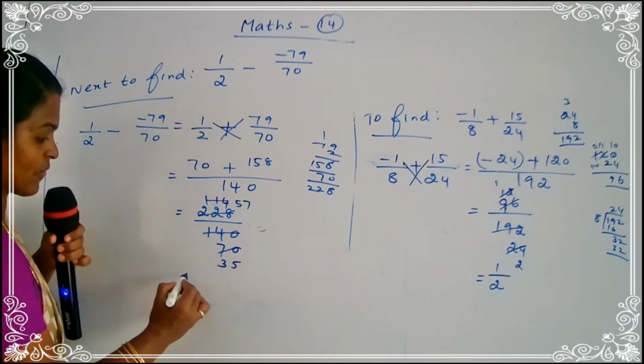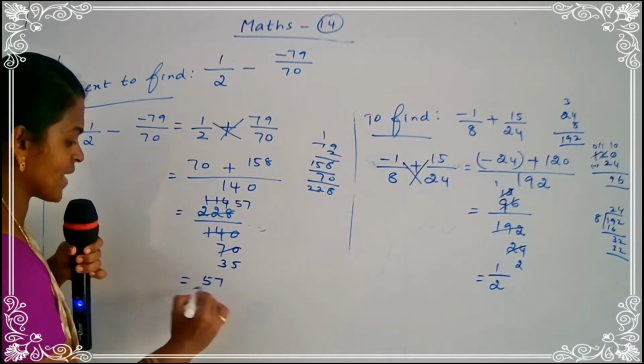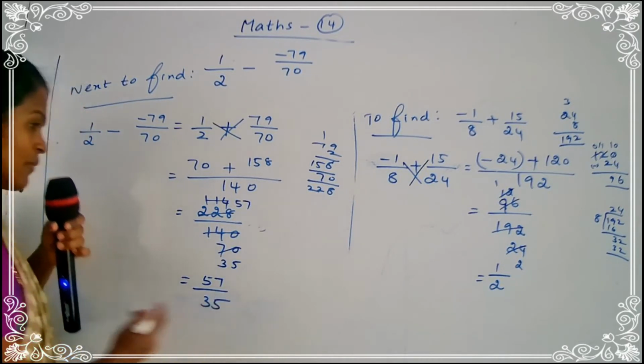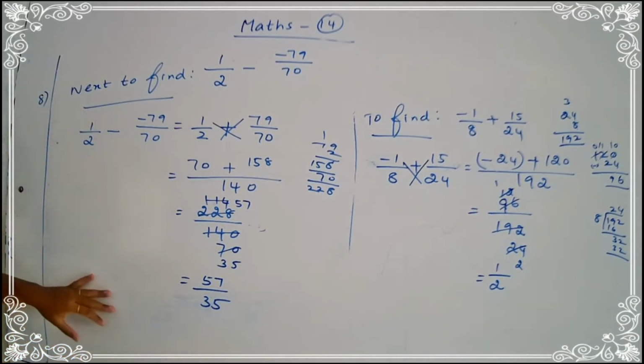So your answer is 57 upon 35. Okay. Are you clear? So that's the 8th question continuation.